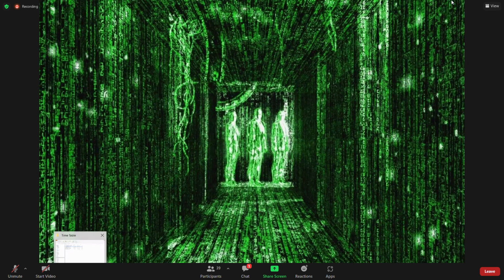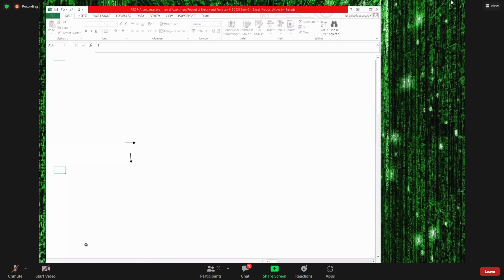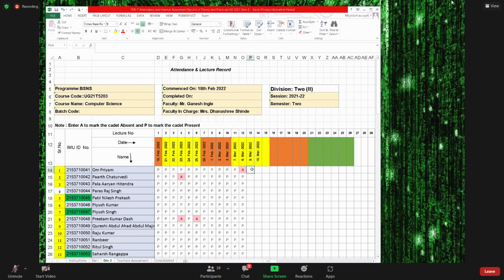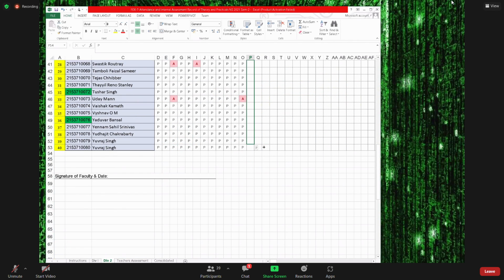Now let's take attendance. CR, are you there? Yes, sir. Please tell me who is absent. 39 means one student is absent. So 070. Who is this? Tejas. Is it Tejas?